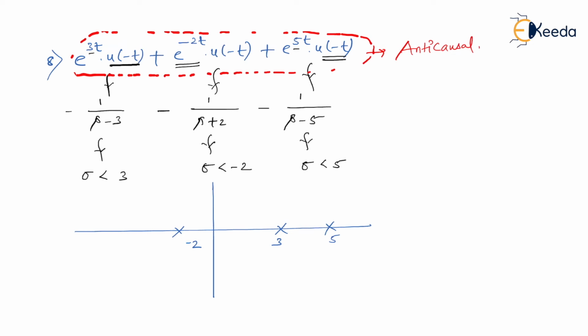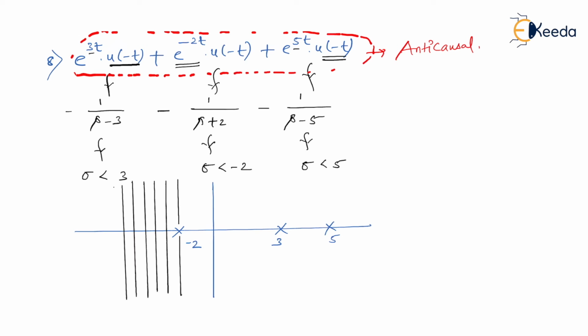And for an anticausal function, we take the ROC to the left hand side of the leftmost pole. I repeat, for an anticausal function, whenever we have multiple poles, we take the leftmost pole and mark the ROC to the left hand side of it. In this case, the leftmost pole is minus 2, so we have to take this ROC. Am I right? So the common ROC is sigma less than minus 2.